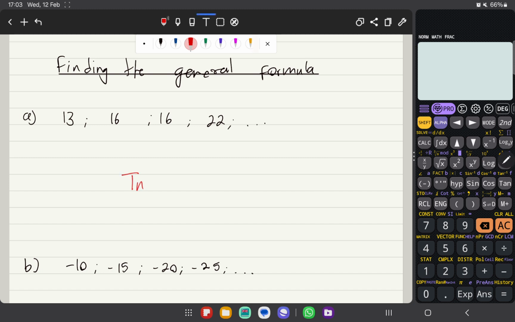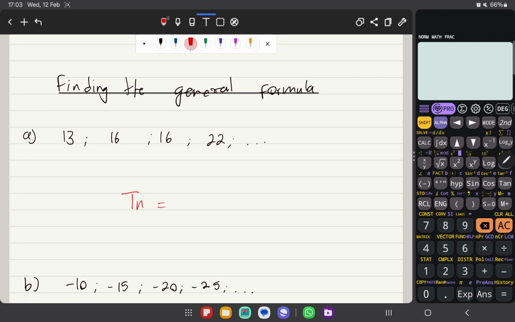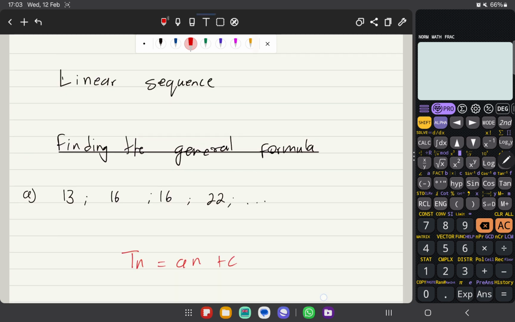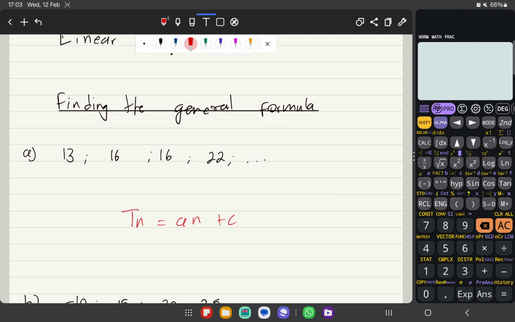The standard form of your formula for a linear sequence would be something like Tn equals an plus c. So for a linear sequence, it is something like this, of which I will identify these.